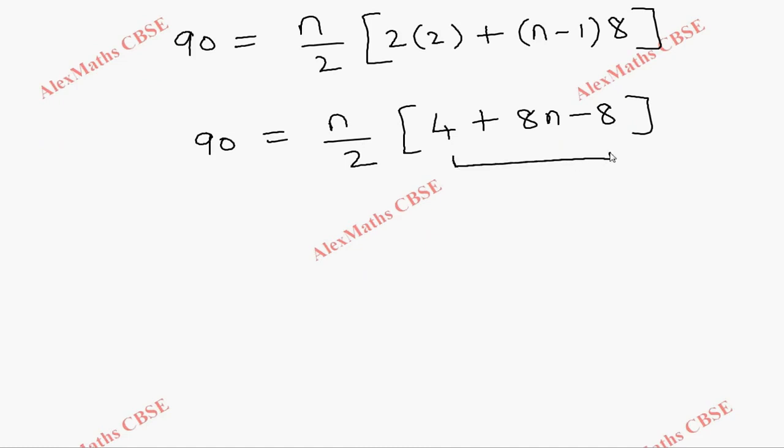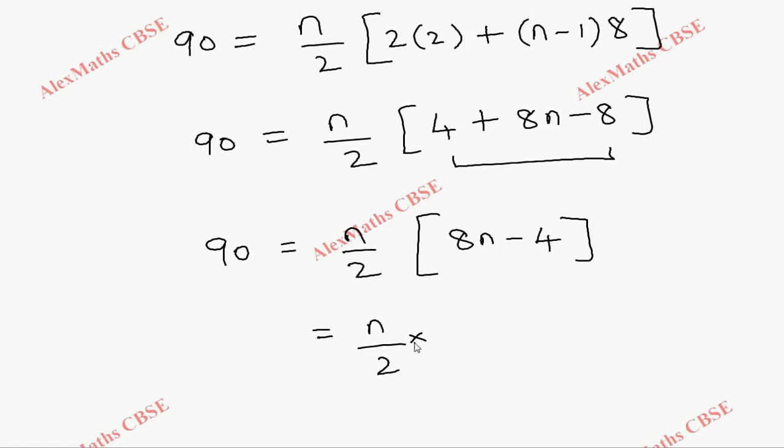Now we can combine these two. So this becomes n by 2 into 8n is written as it is. 4 minus 8 is minus 4, and we can take 2 common from this. So this becomes 4n, then 2 is taken common and this becomes 2, because we can cancel with this.